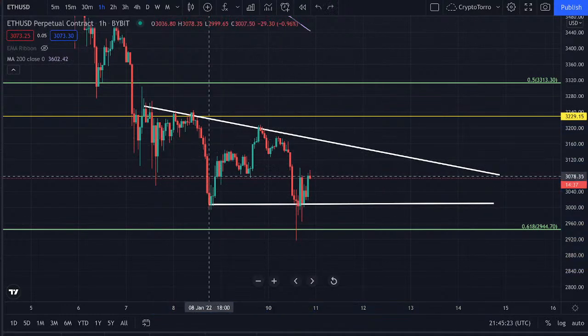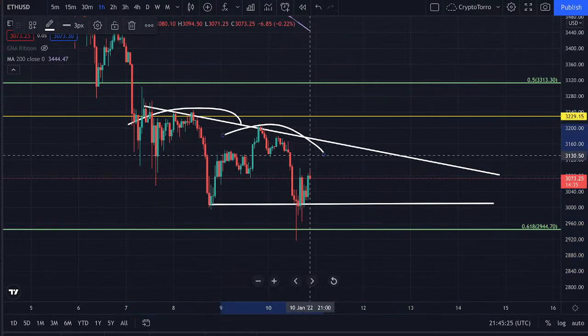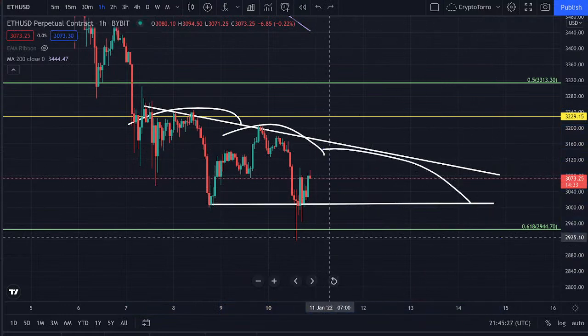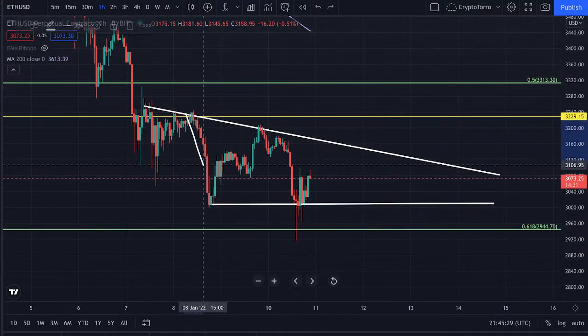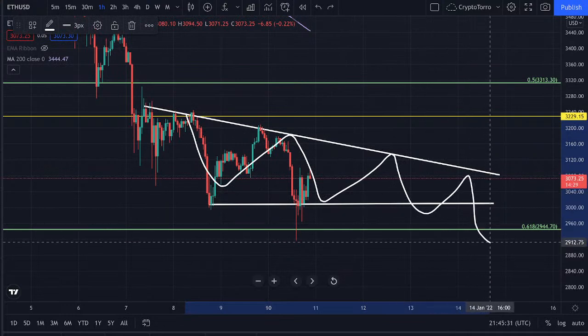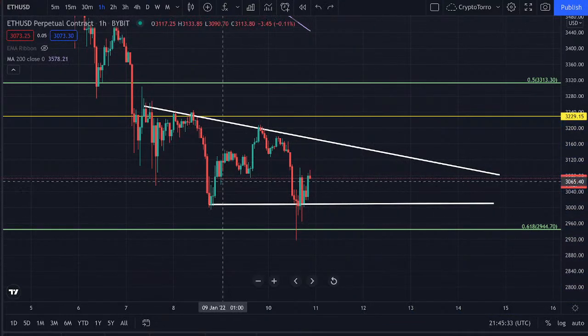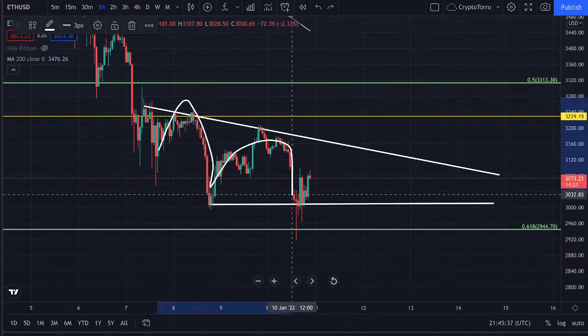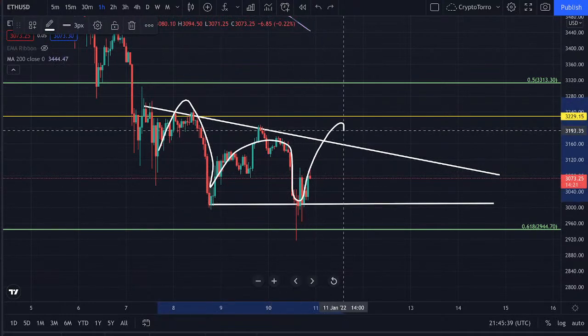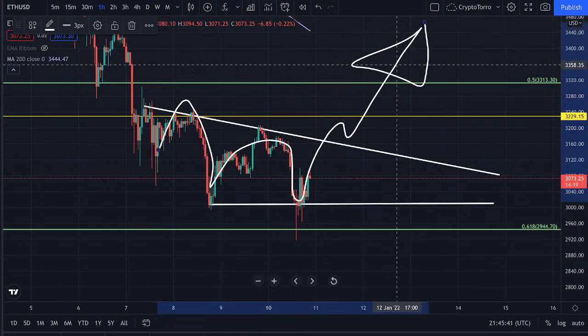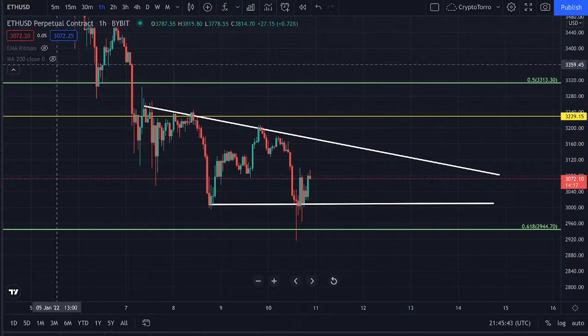We are seeing lower highs getting created each time, and this pattern actually tends to break out towards the downside. But of course, we could be seeing another scenario playing itself out, a bottom being found, and a possible move towards the upside taking place. So that is absolutely something that could occur.